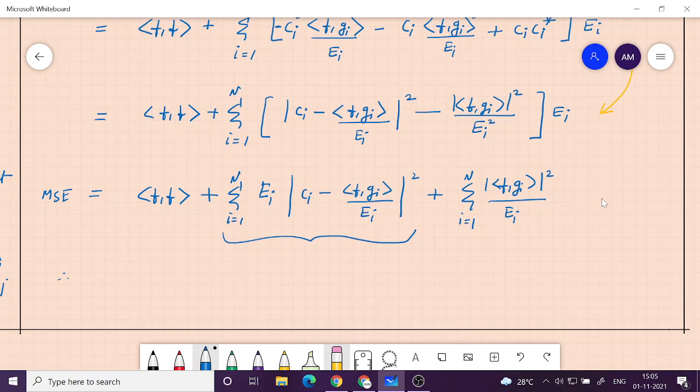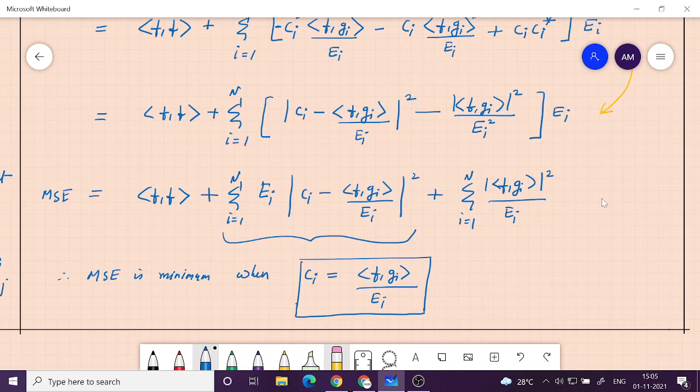So therefore MSE is minimum when Ci is equal to F comma Gi divided by Ei. Why? Because it will be 0.